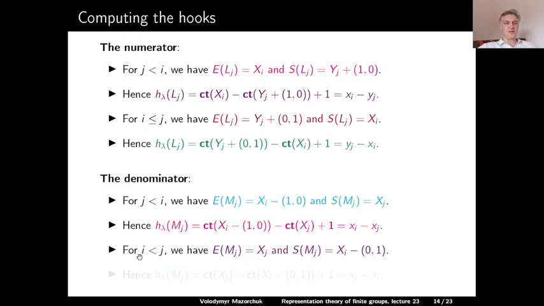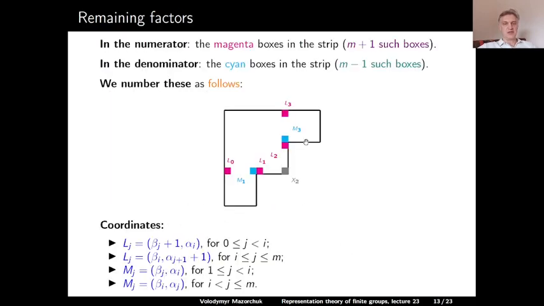Finally, for j greater than i, the east end of mj is xj, the south end of mj is the box which is immediately above xi. So here is the picture. This is our mj. The east end is xj, and the south end is the box which is immediately above xi because xi is now removed.